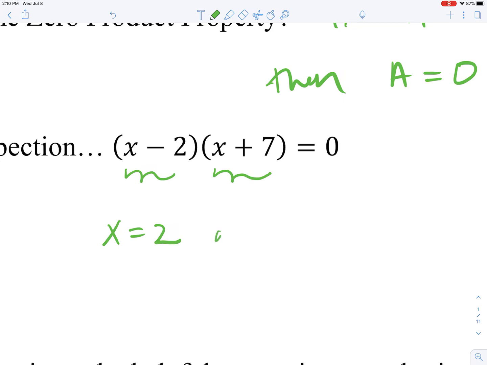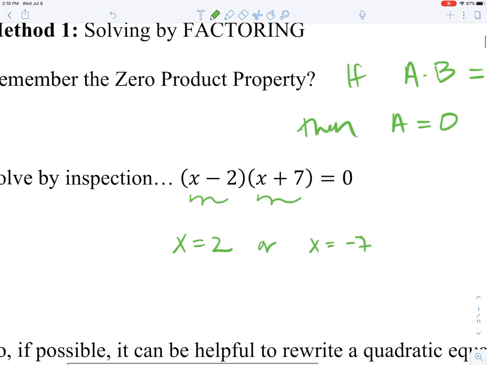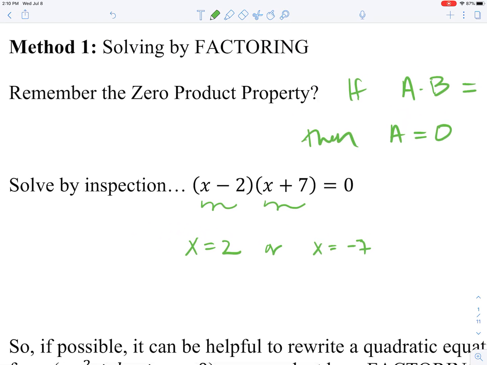For x minus 2, if x were equal to 2, that would make that factor 0, meaning the left-hand side would simplify to 0. And for the second factor, if x were equal to negative 7, that would make that factor 0, and therefore the left-hand side of the equation 0.